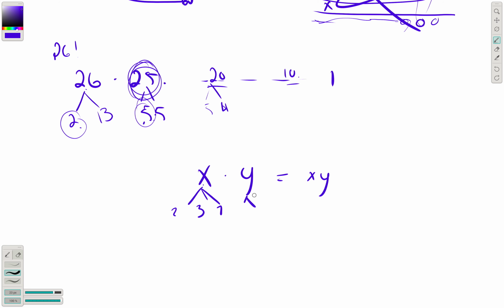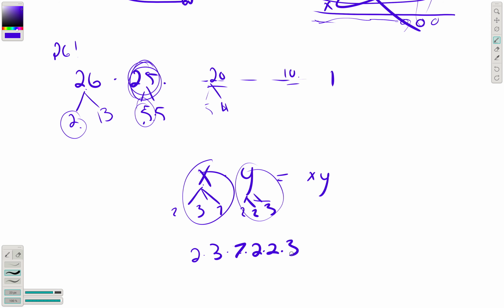And so can y, which is 2, 2, and 3. But if neither of these are divisible by a prime number, their product, which can be expressed as the product of these prime numbers here, is also obviously not divisible by 5. It's divisible by only these prime numbers.